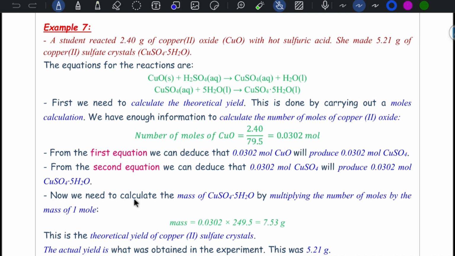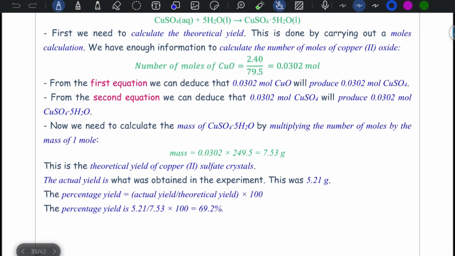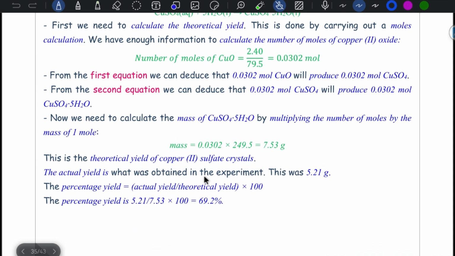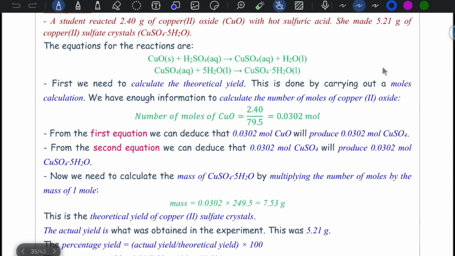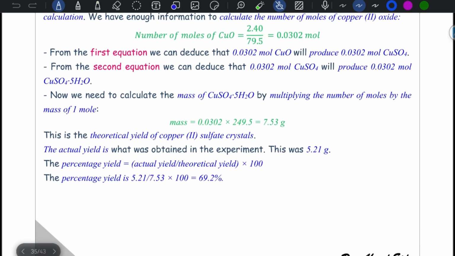So, the mass of copper sulfate pentahydrate, just multiplying the mass of 1 mole times the number of moles, gives 7.53 gram. Remember that 7.53, which is calculated, is considered the theoretical yield, while this one is the actual yield. So you can get the percentage yield by dividing actual yield 5.21 over theoretical yield 7.53, multiplied by 100.